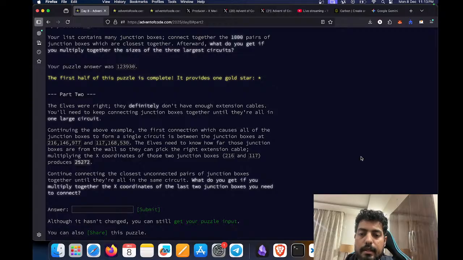Multiplying the x coordinates produces this. Continue connecting the closest unconnected pairs of junction boxes until they're all in the same circuit. What do you get if you multiply together the x coordinates of the last two junction boxes you need to connect?